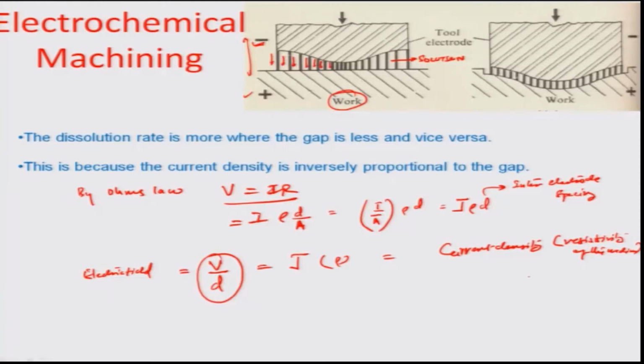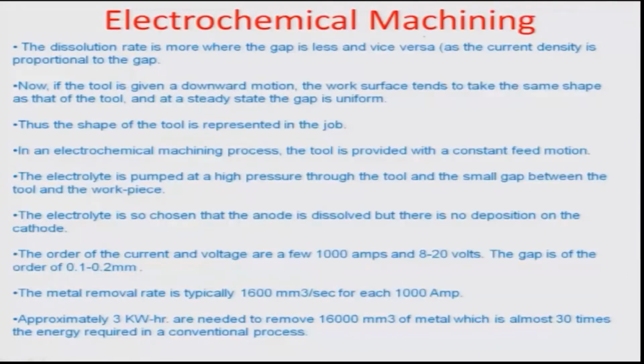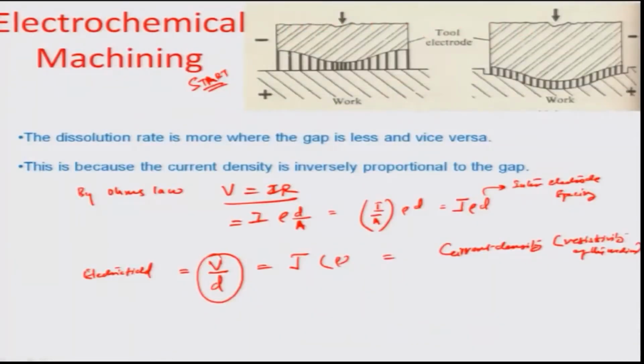So obviously if I were to look at this shape at the start of the process, we have different values of d. Let's suppose in this particular case we have a d which is very close to the workpiece, okay. So let's say for instance this particular distance d is small, okay.